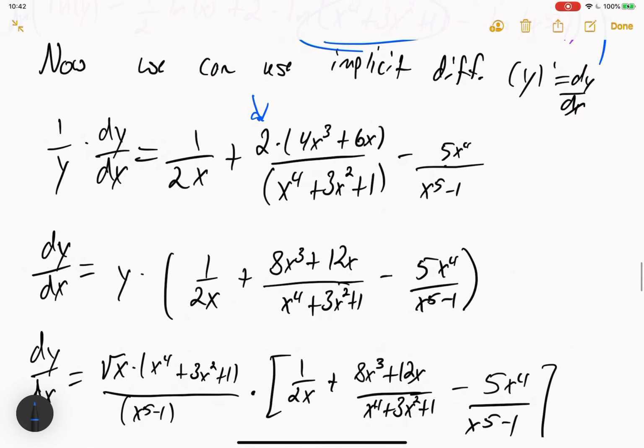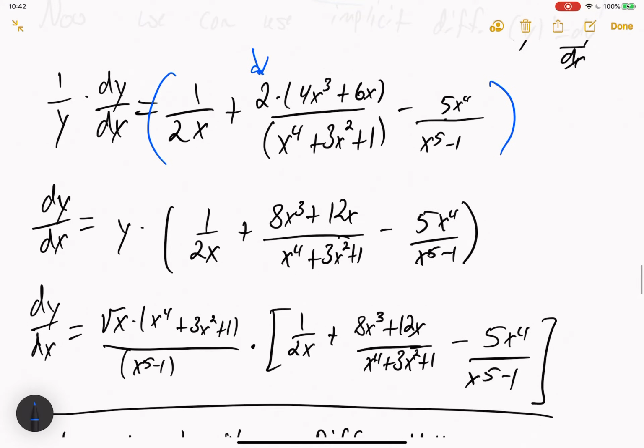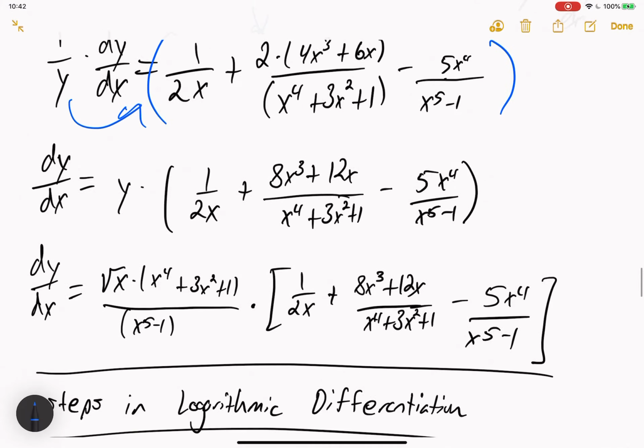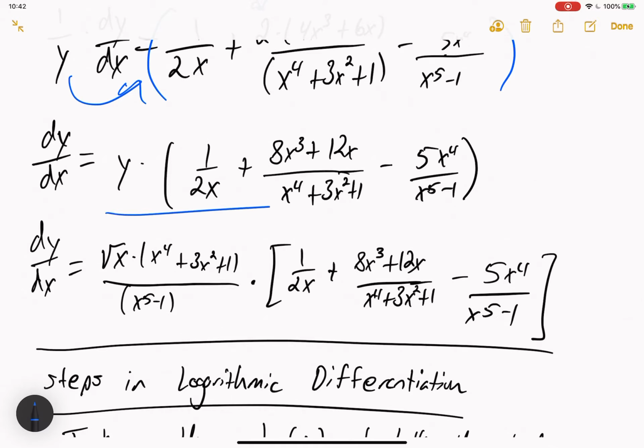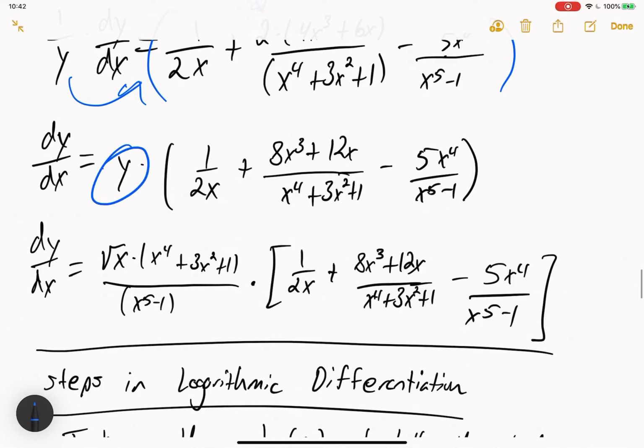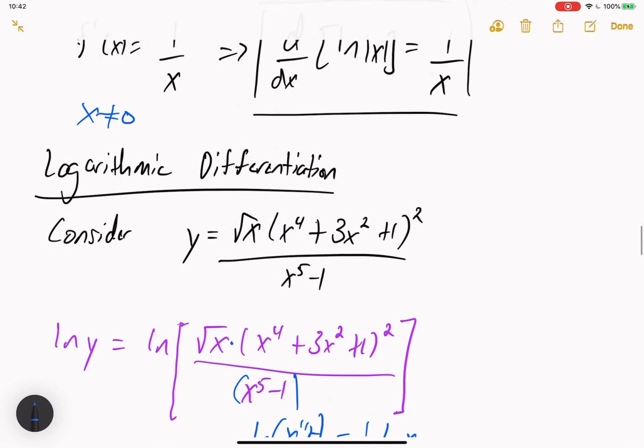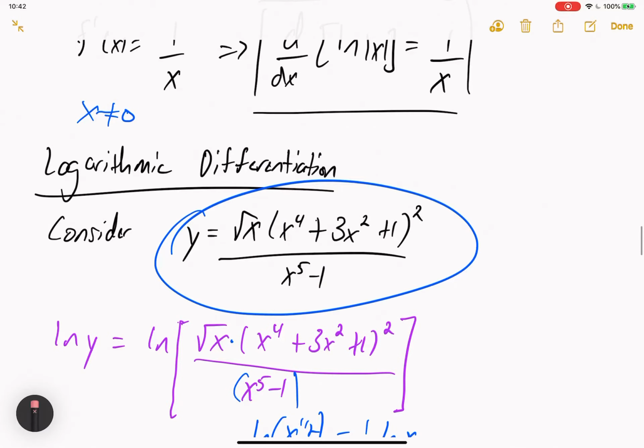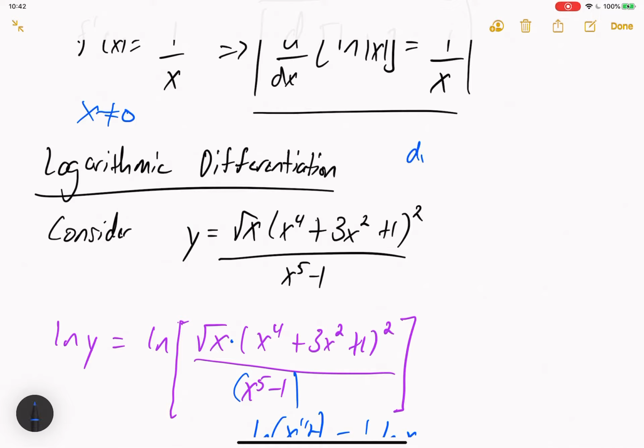So you notice that what we have right here is 1 over y times dy dx. And this expression right here is all in terms of x, so it's okay. So we need to move the y over because, again, we want dy dx. So that's all I did right here, just move the y over. And then lastly, typically what you want to do is, if you take a derivative, the first thing you'll get is dy dx is equal to whatever the derivative of the inside is.